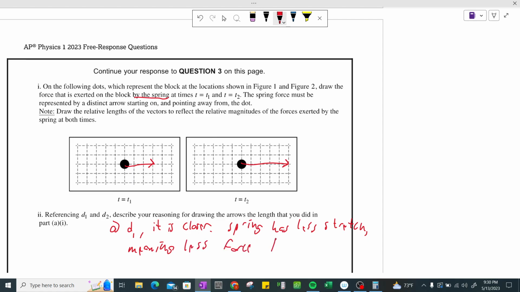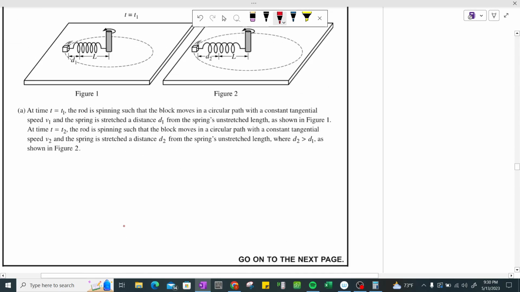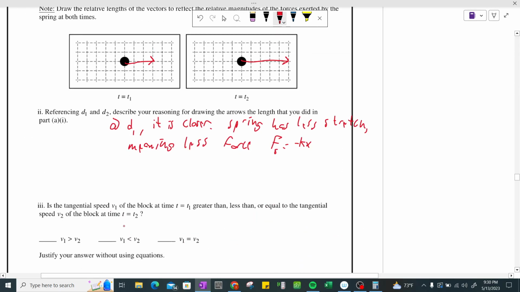We can include that the force of the spring equals negative kx, or the absolute value of kx. It's not really going to make a difference here. The big thing is that the magnitude is going to be larger, which means the arrow is bigger. I think that's probably sufficient. And by saying it's closer than d2, that would give us our full points there.